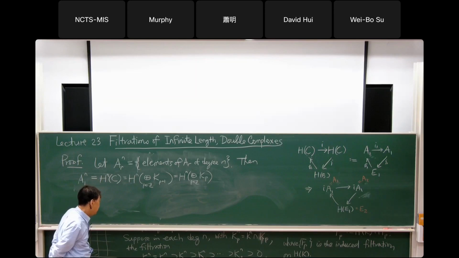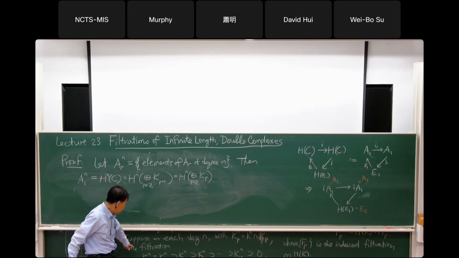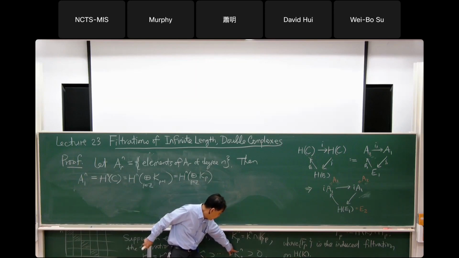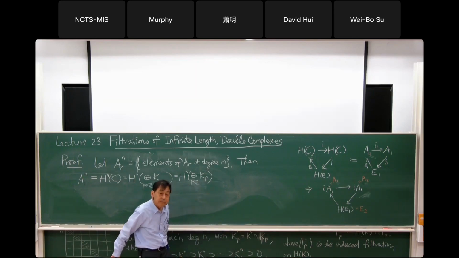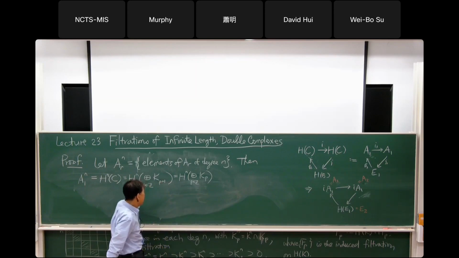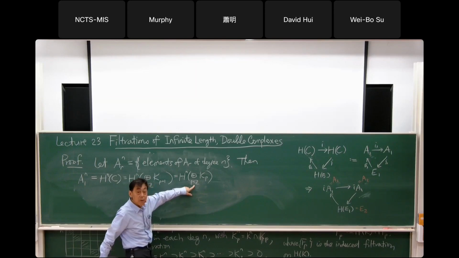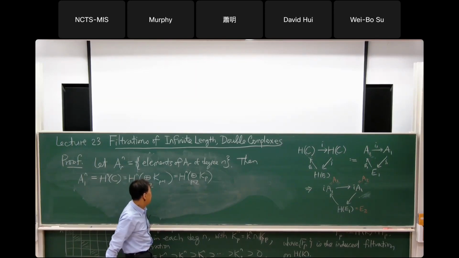However, we said that in degree n it terminates after a finite number of steps. So this actually is not a sum over all integers. What is it a sum over?